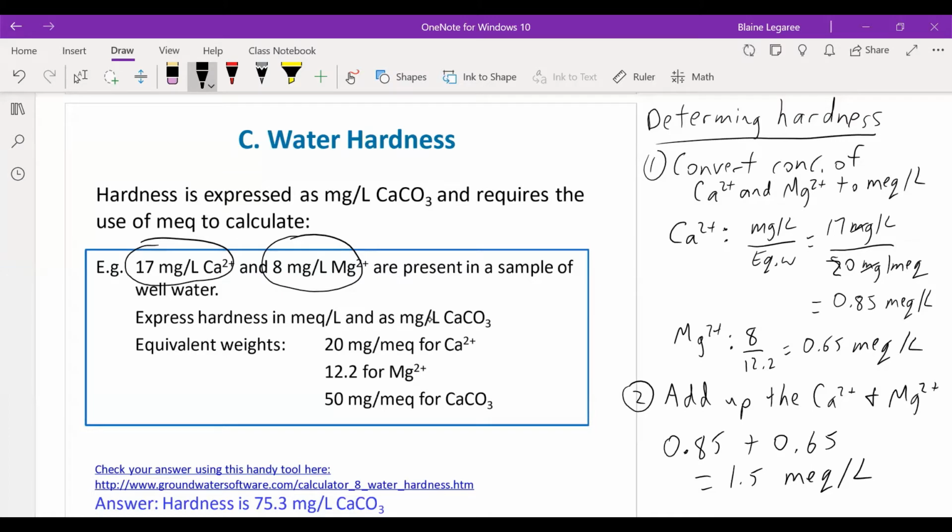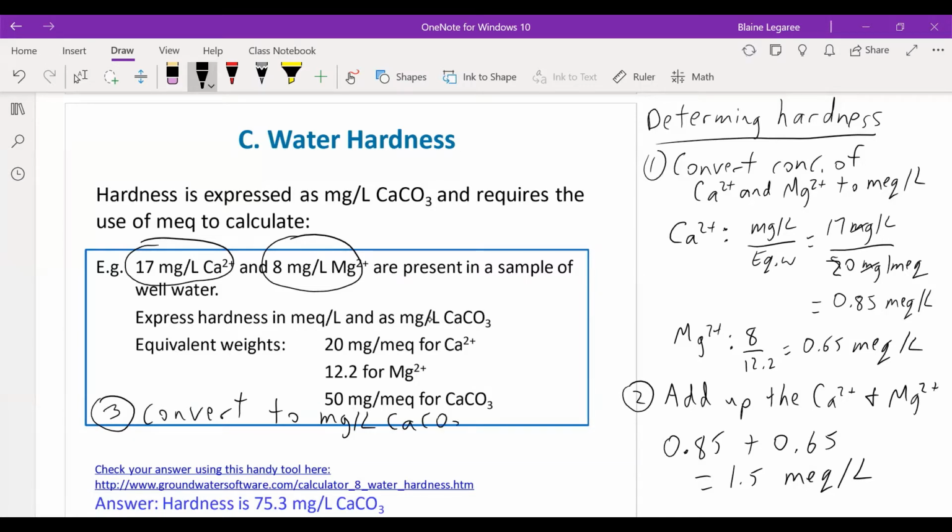Okay, so step 3, I'm going to squeeze in over here on the left. Step 3 is convert to the proper units, which is milligrams per liter of calcium carbonate.